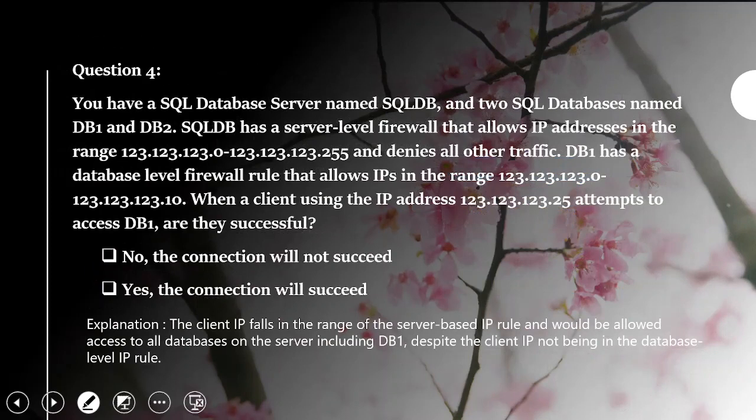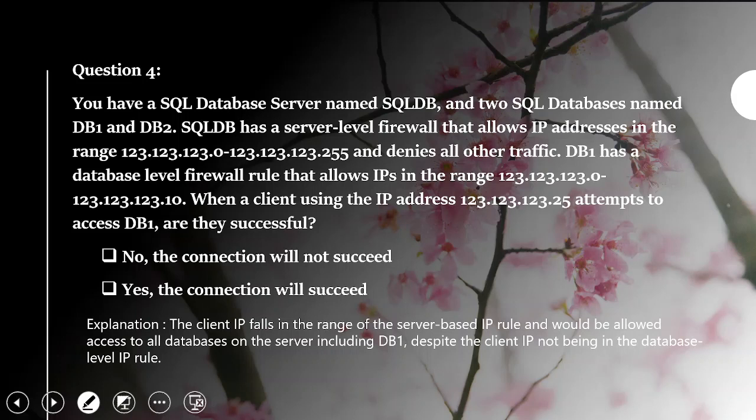The next question is also related to firewall rules only. You have a SQL database server named SQLDB and two SQL databases named DB1 and DB2. SQLDB has a server level firewall that allows IP addresses in the range of 123.123.123.0 to 123.123.123.255.